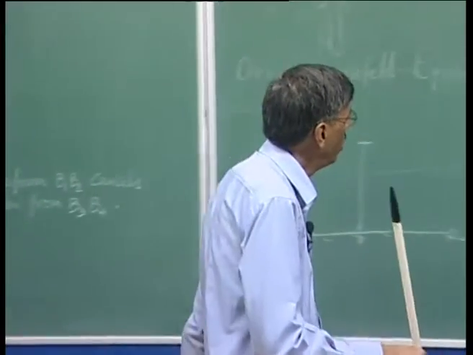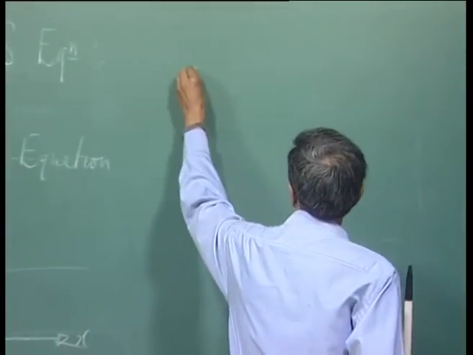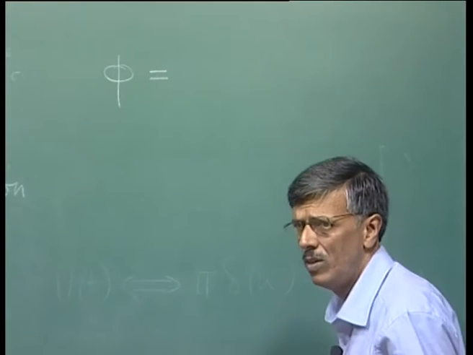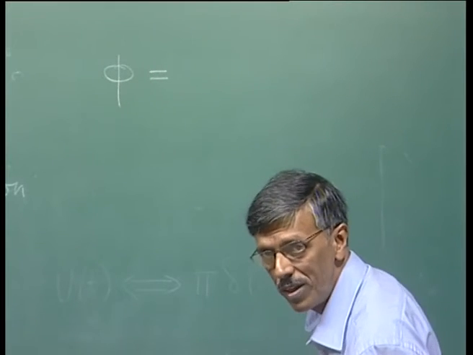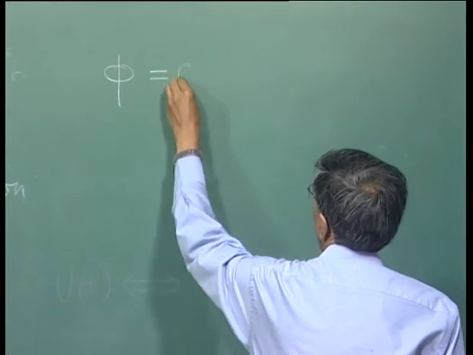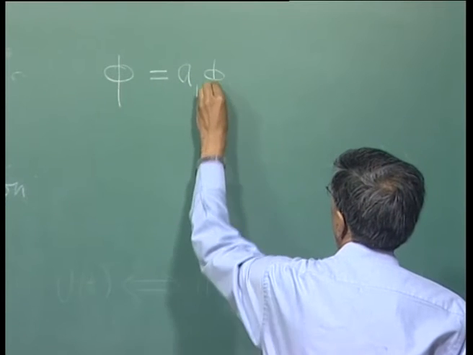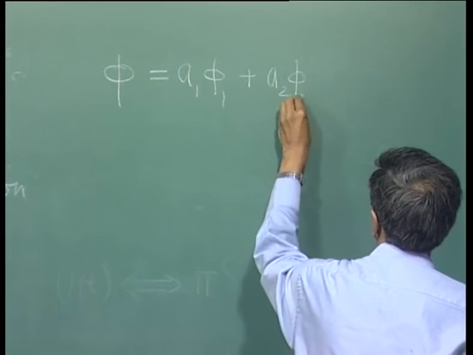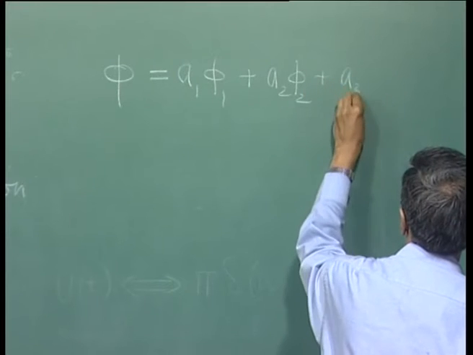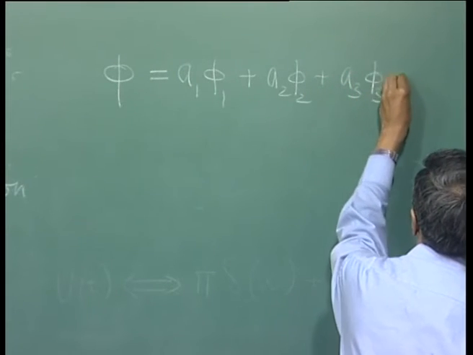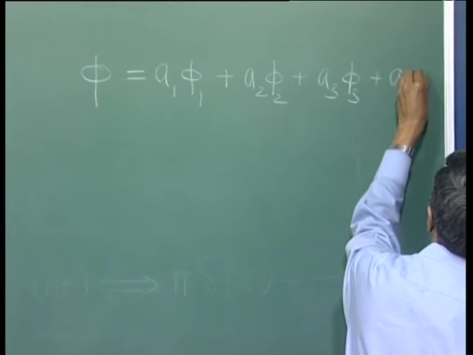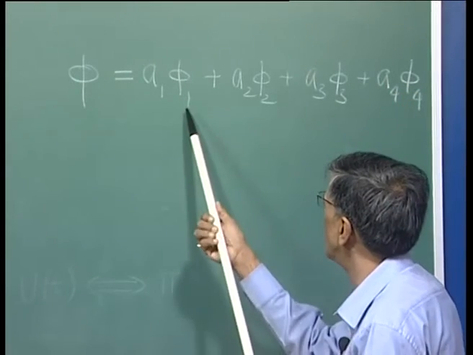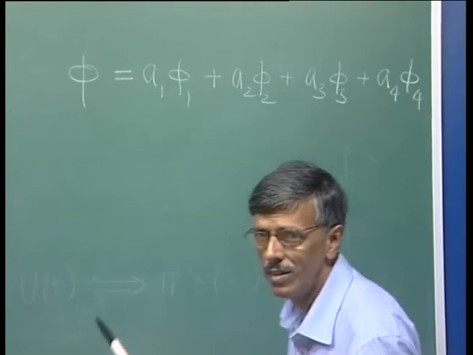If you recall, we have 4 modes for the Orr-Sommerfeld equation, it is a 4th order ODE. So, I could talk about A1 phi 1 plus A2 phi 2 plus A3 phi 3 plus A4 phi 4. What do we know about these individual modes phi 1 to phi 4?